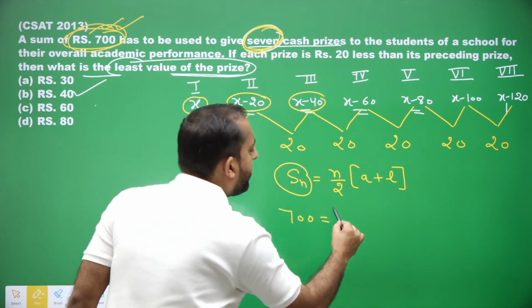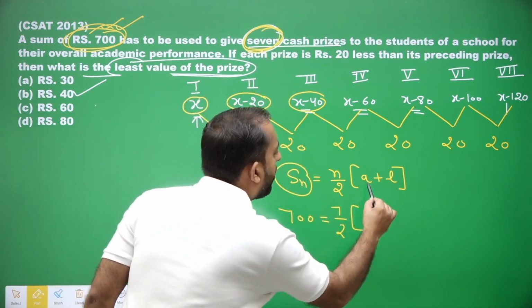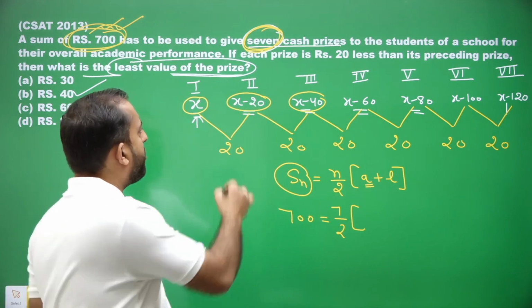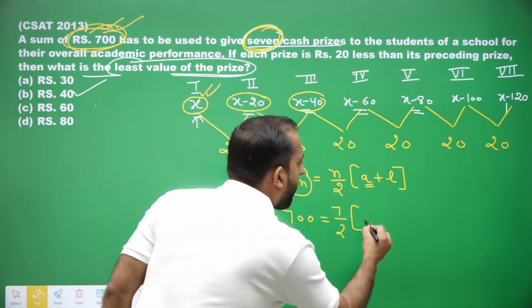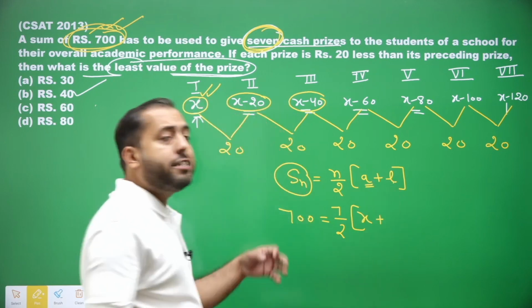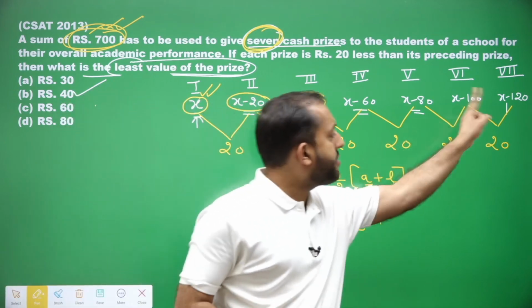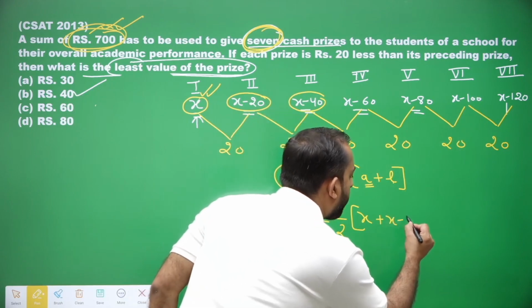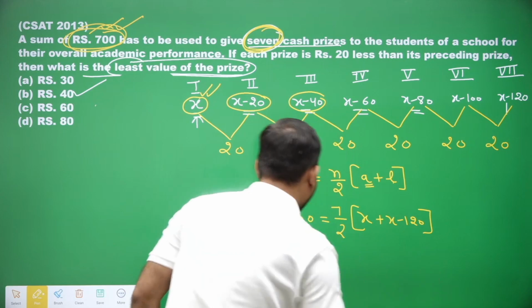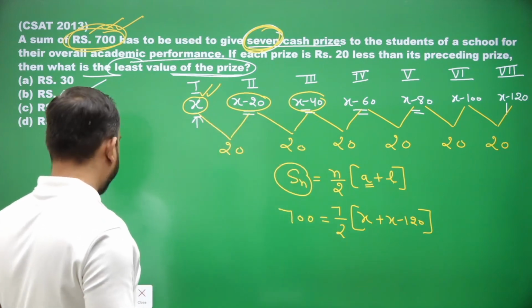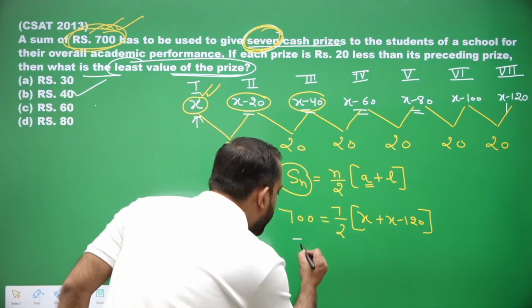We have 7 terms, so 7 by 2, into a, the first term, which is x here, plus l, the last term, which is x minus 120.